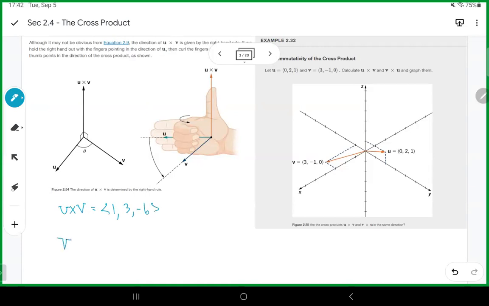And then v cross u, we would end up with negative 1, negative 3, 6. Okay, so it makes a difference what they're asking for, right? So essentially finding the other distances there.